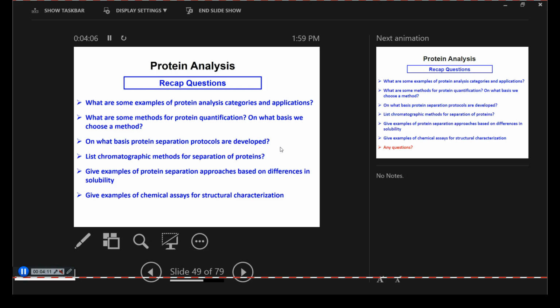Okay, what are some methods for protein quantification? We said Kjeldahl is one. There are so many other methods. On what basis do we choose the method? It really depends. Money and time, and also food matrix, whether it is an isolate in a solution.